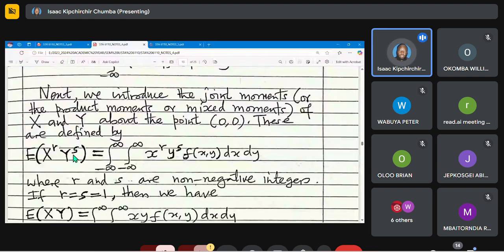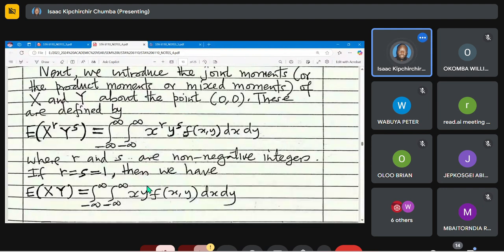So you can see inside the integral, you must use the joint PDF for continuous x, y, or the joint probability distribution in general. So we have x raised to r, lowercase, inside the integral, y raised to s, y lowercase, the joint f, dx dy, where r and s are non-negative integers.